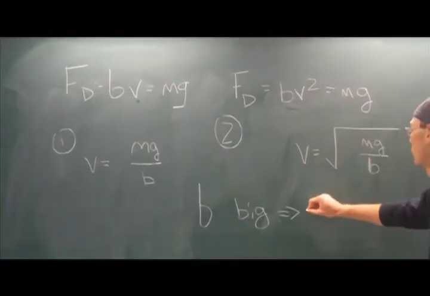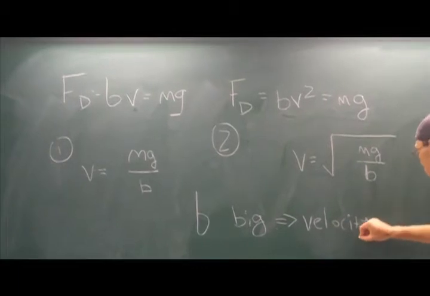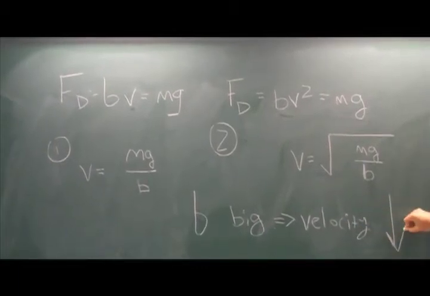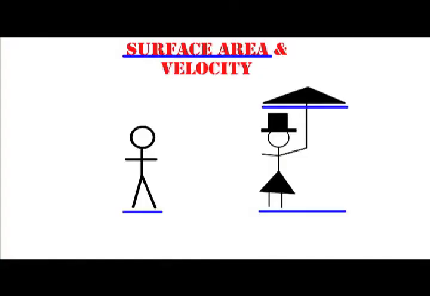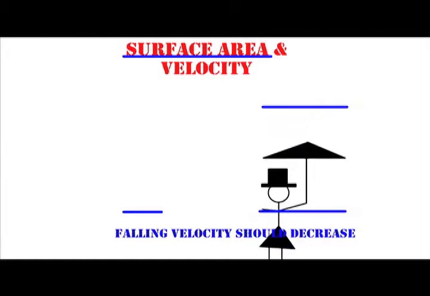Since we divide by b, if we make the surface area b bigger, then the velocity should go down. Thus, because an umbrella's surface area is bigger than a human's, the falling velocity should decrease, and possibly decrease enough for Miss Poppins to survive a free fall.